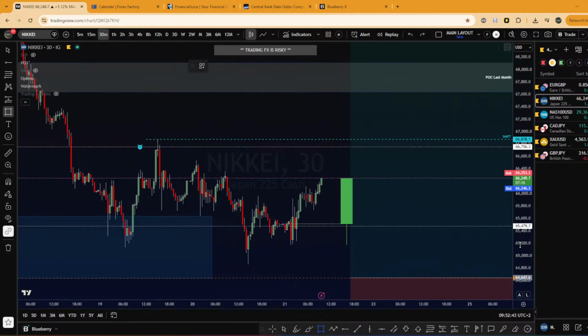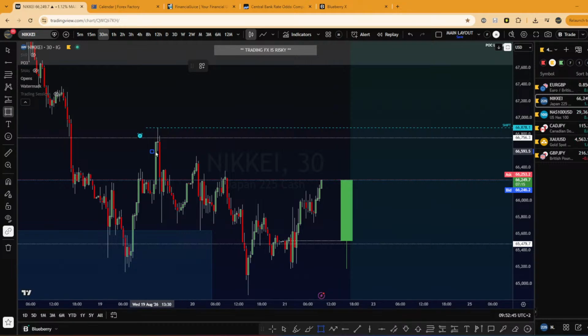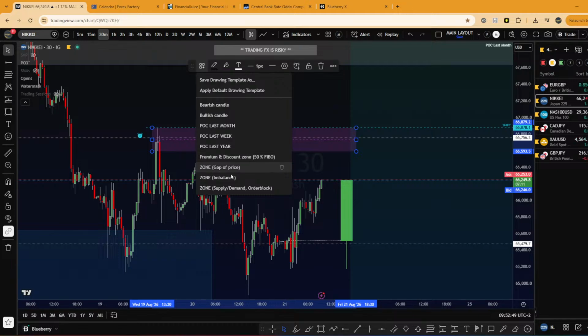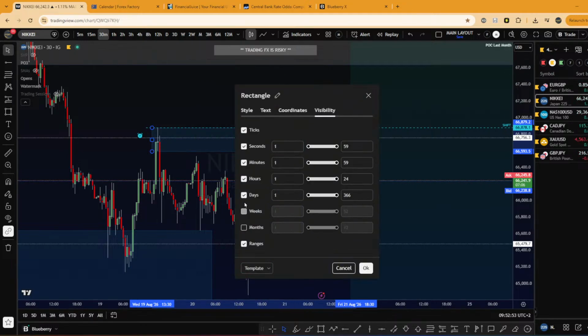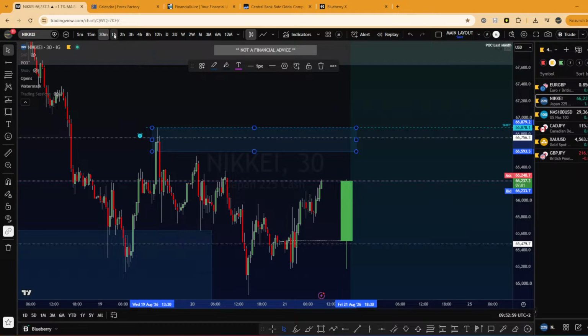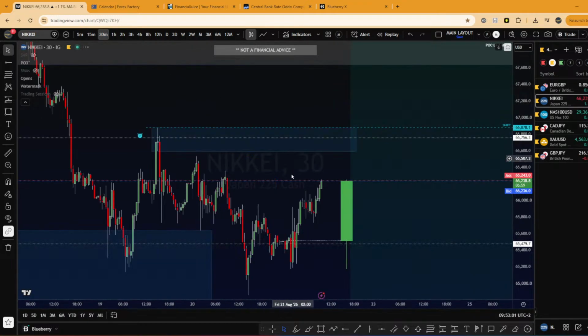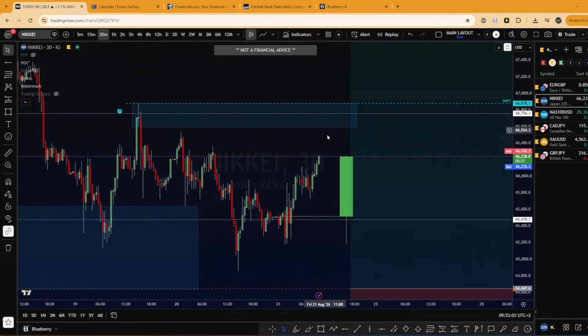But what I see right now is the top of this structure, we have some sort of supply. Let's mark it up somewhere here. Okay, let's see how price reacts here.